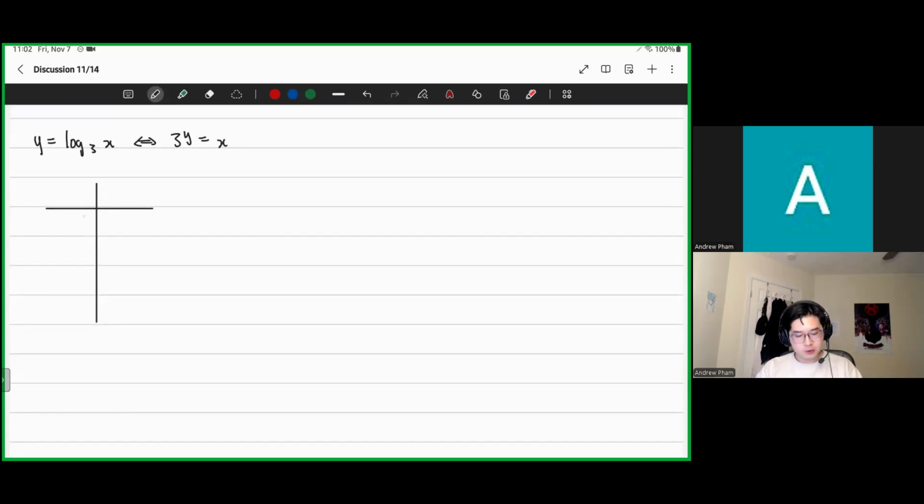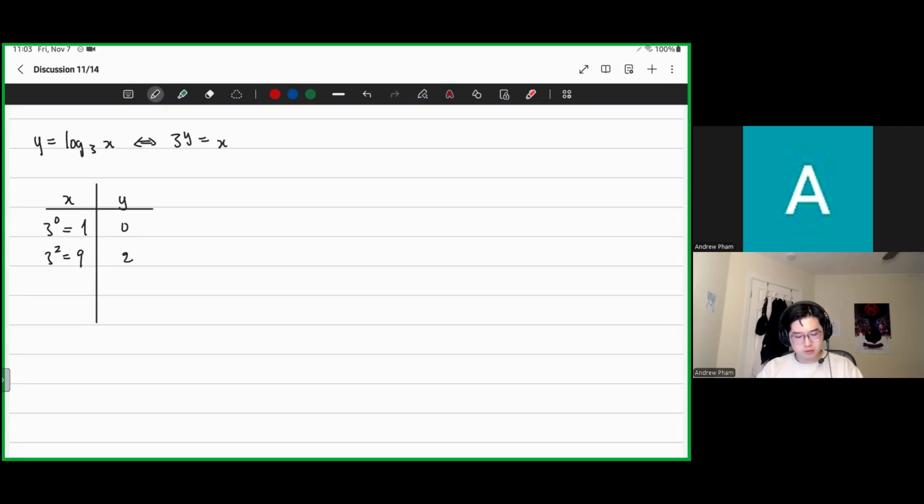So let's say when x is 1. 3 to the y is equal to 1, y has to be 0. So x is 1, y is 0. And keep going. Let's say I want 3 squared to be 9.